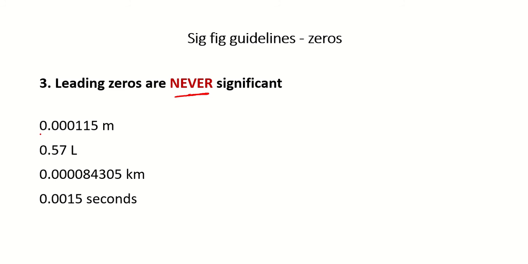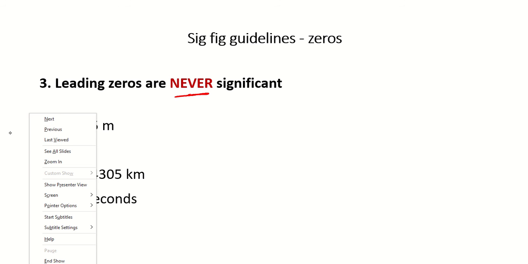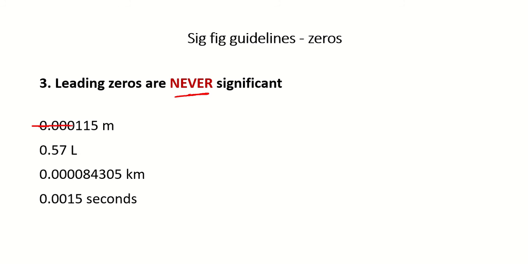So these zeros are all leading zeros. I'm going to draw an arrow in this direction until I hit the first non-zero digit, and then I start counting the remaining digits. 1, 2, 3. So I have 3 sigfigs in this number.